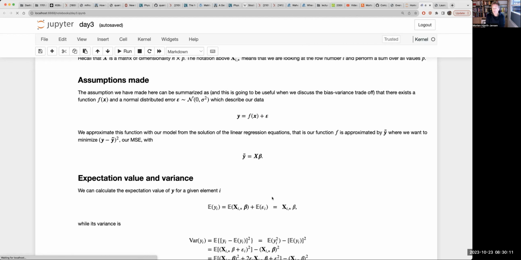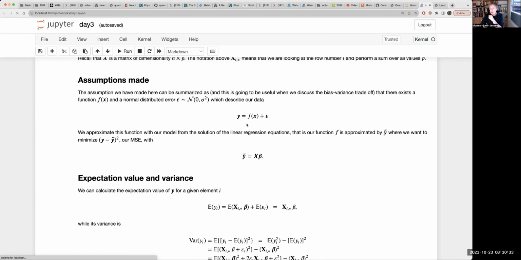And one of the things which we went through was a reminder of the model which we have made for the data. So keep in mind now that there is a basic assumption, and you can think of that as a model for the data. But on the other hand, you could also think of that as an assumption about the data.